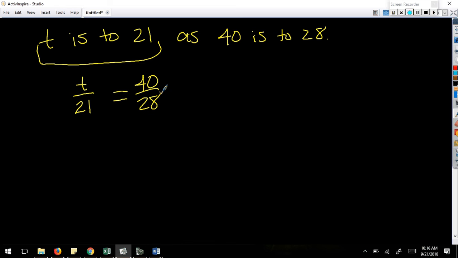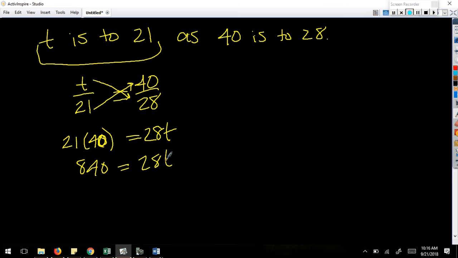Cross multiply: 21 times 40 is 840. 840 divided by 28, what is it? 30.